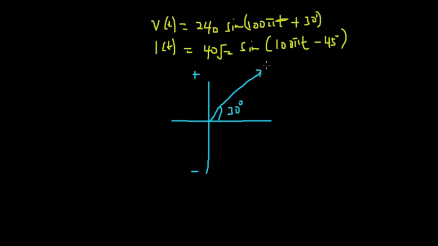Then we have 40 root 2 with negative 45. Negative 45 could be something like this. So these are negative 45 degrees, with 40 root 2.